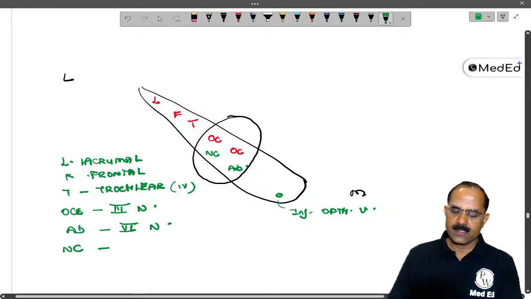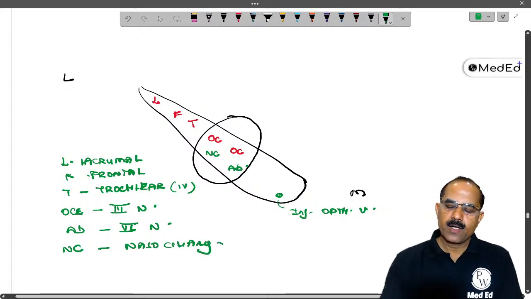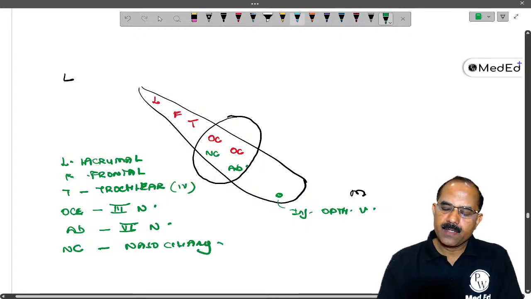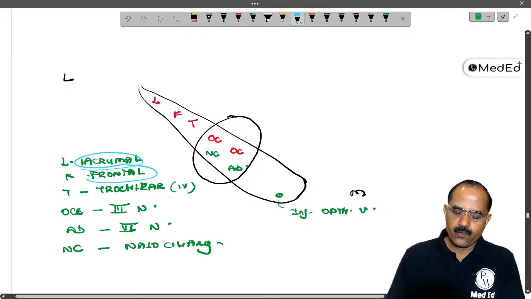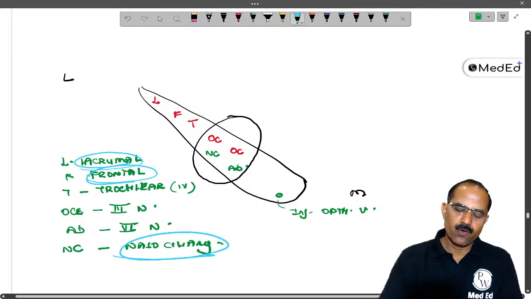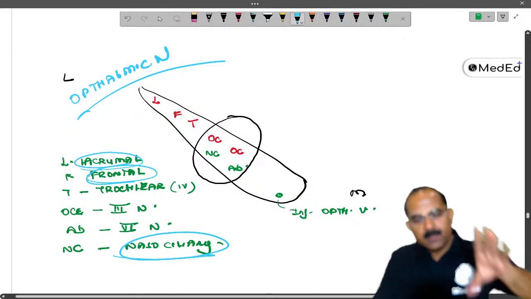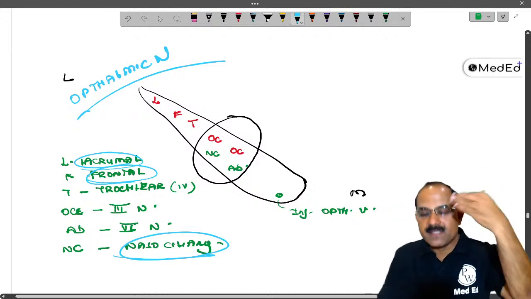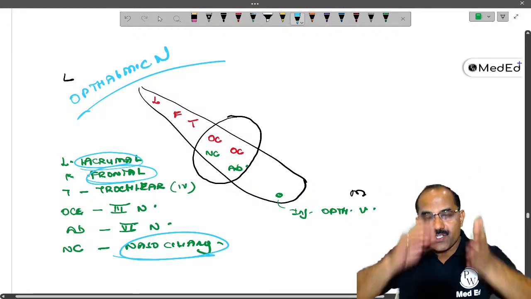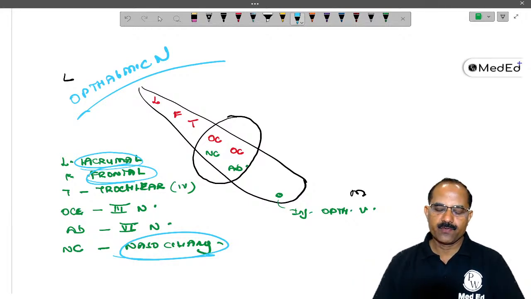And what is NC? Nasociliary. Okay children, lacrimal, frontal and nasociliary, whose branches are these? These are the branches of the ophthalmic division of the trigeminal nerve. Clear to all of you?